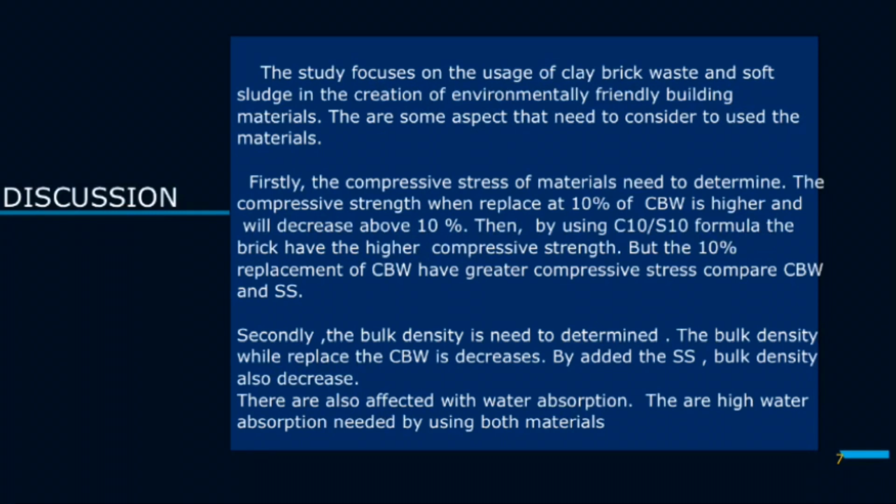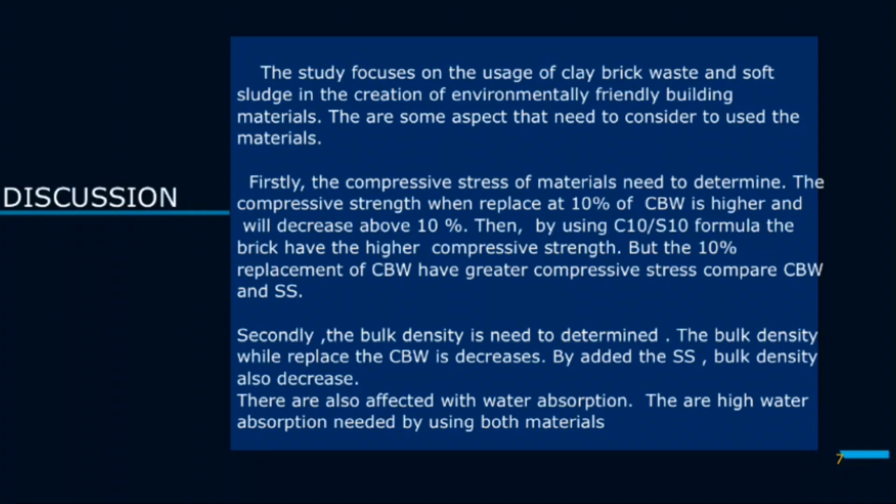We can see that the compressive strength when replacing 10% with clay brick waste is higher. It is also the same with the C10 over S10 formula, but the 10% replacement of clay brick waste is greater than when we use the formula C10 over S10.